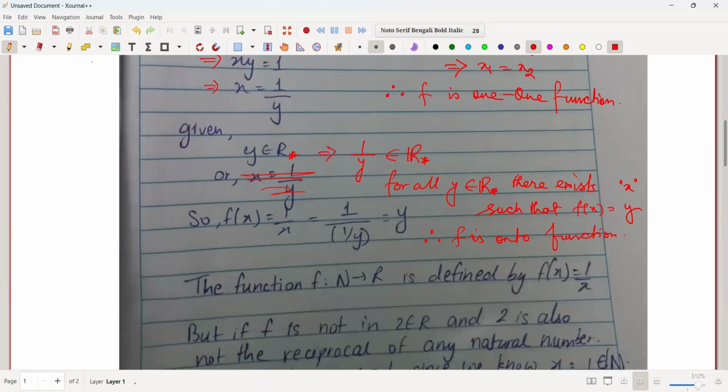And as f(x) is 1-1 and onto, so f is 1-1 and onto function, that implies f is a bijective function.